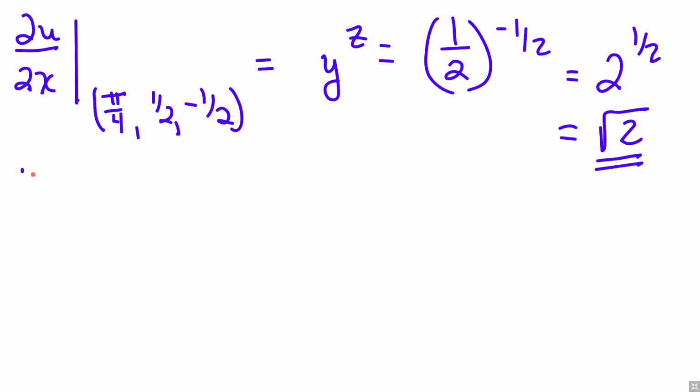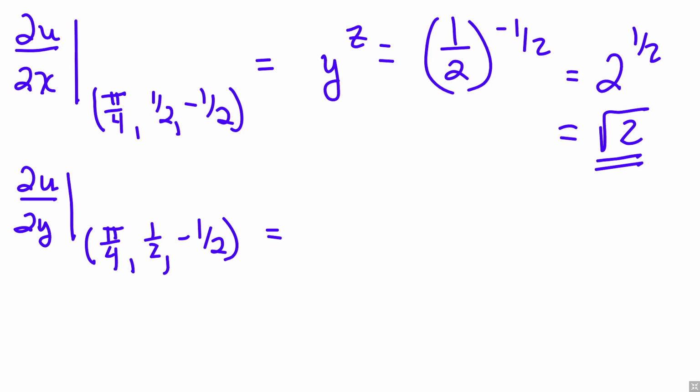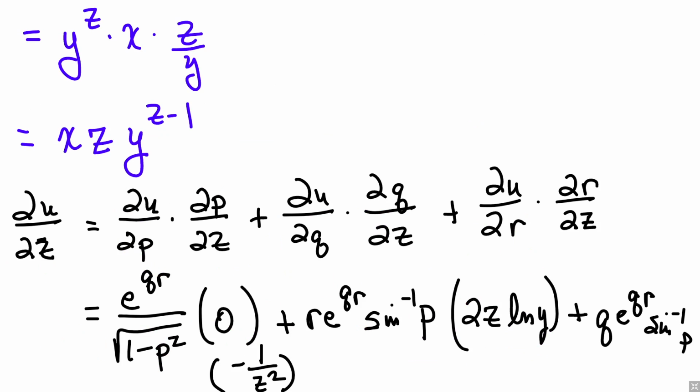Okay. The next one, if we do the partial of u in respect to y, still at the same point. Now, we said that was equal to xz y to the z minus 1.